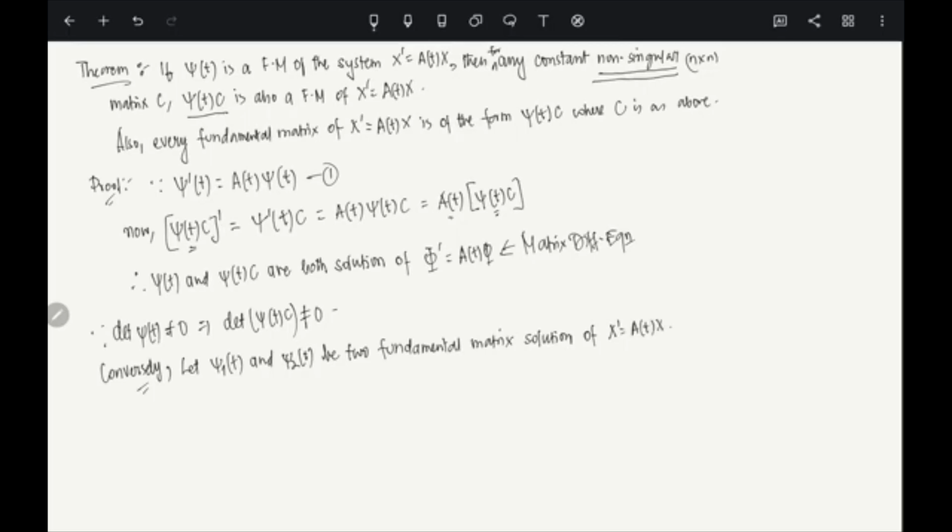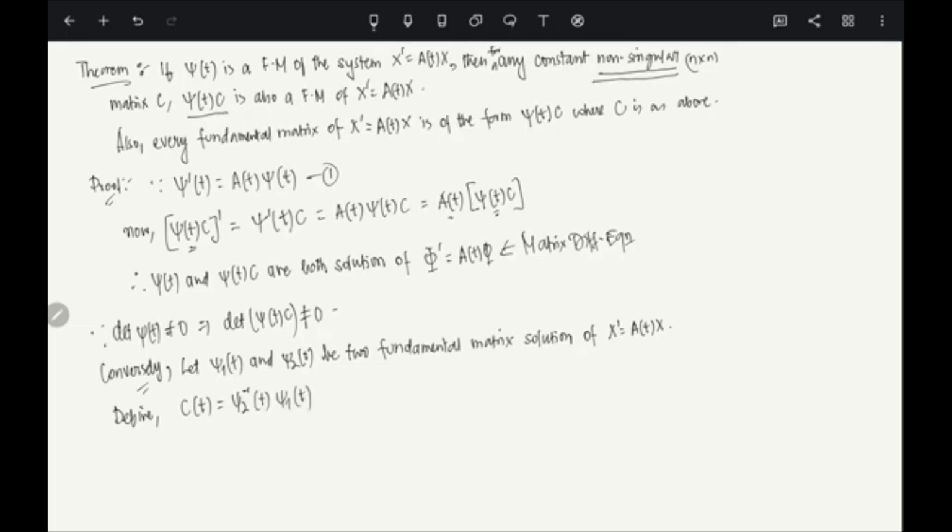Now, phi and phi inverse both are non-singular, right? So I can talk about the inverses. Define this new matrix C of t, which is nothing but phi 2 inverse of t times phi 1 of t.